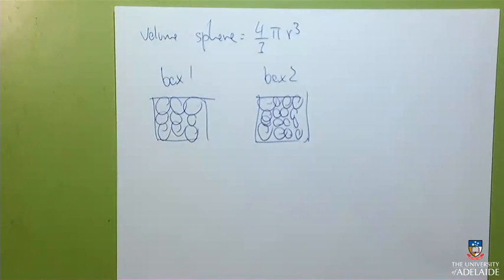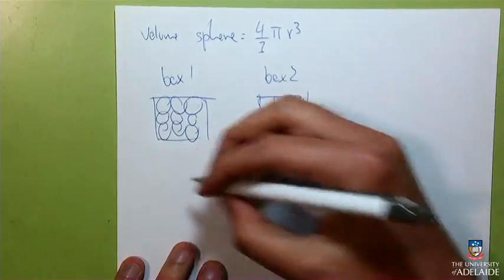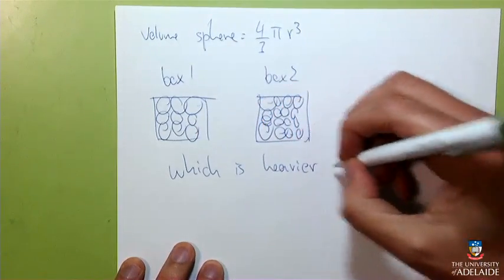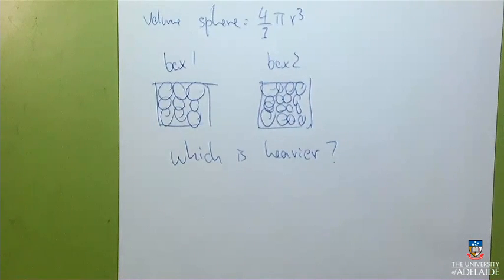All right, so how do I solve this question? The question is, which box is heavier? And I have this statement here that says, assume that spheres are made from the same type of iron. That assumption is important for this question, otherwise it would become trickier to solve. So what do you suggest me to do?